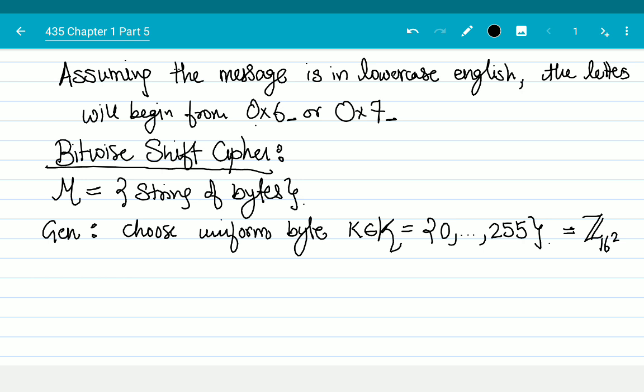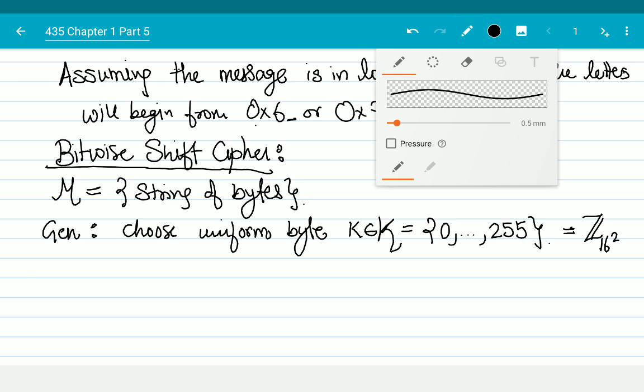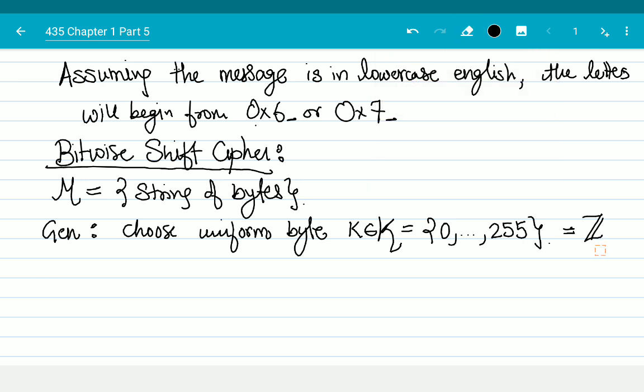I'm using 1 full byte, which is 8 bits, and 2 to the 8 is 256.